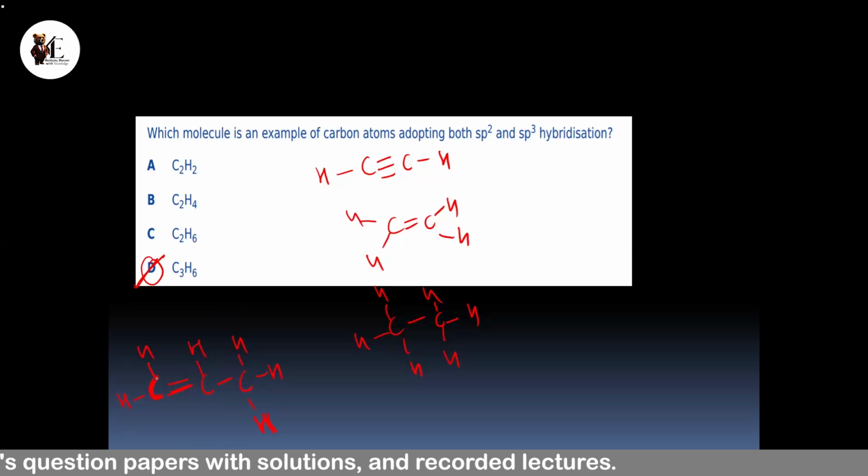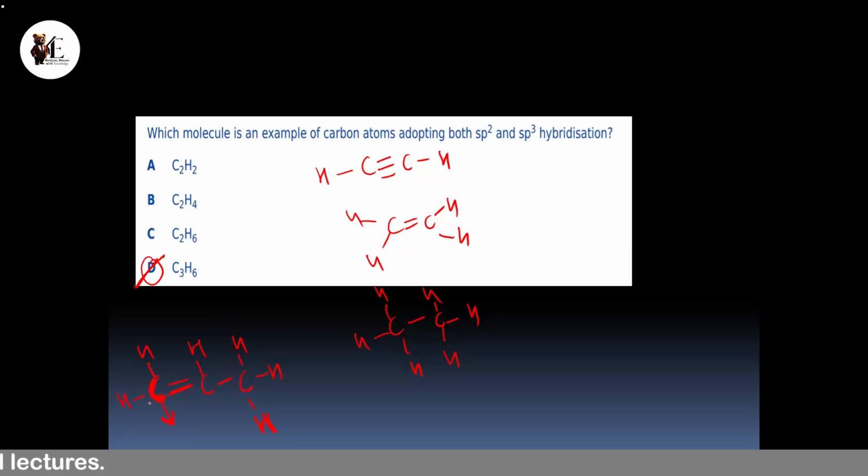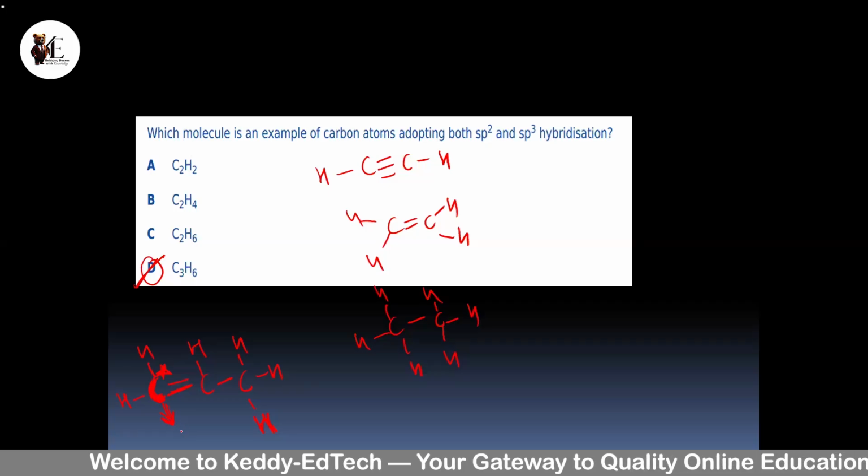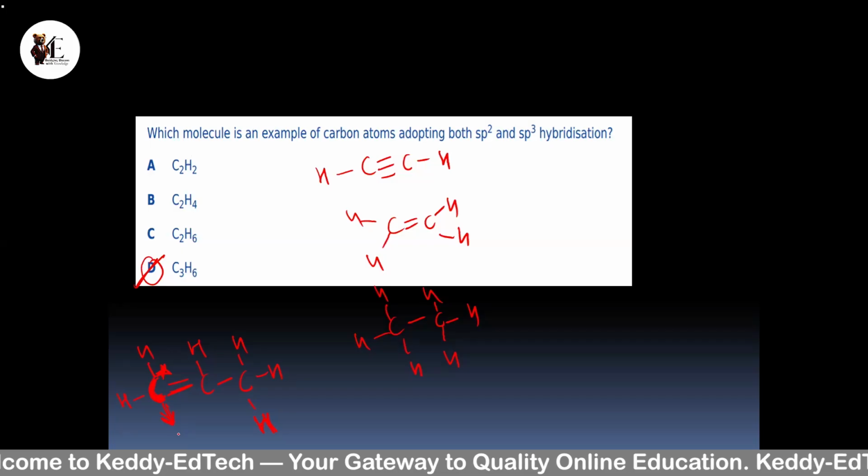The hybridization of this carbon atom, tell me. The first one, I think it's in a double bond, so it's sp2.